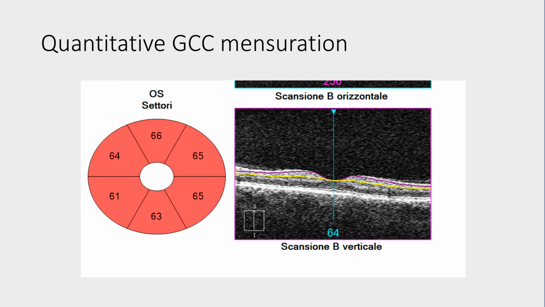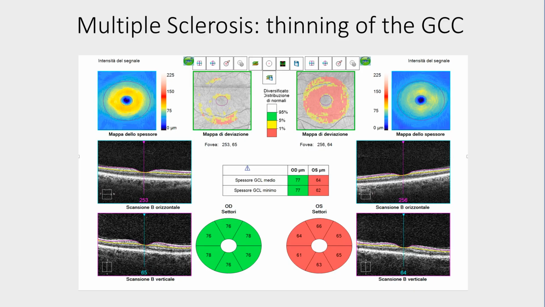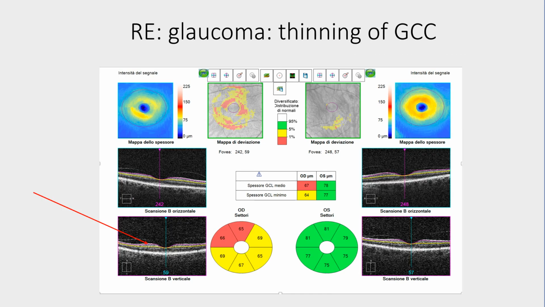Here the quantification of the thickness of this layer in the macular zone, and here the thinning in a case of MS. The same thinning but in a case of glaucoma.